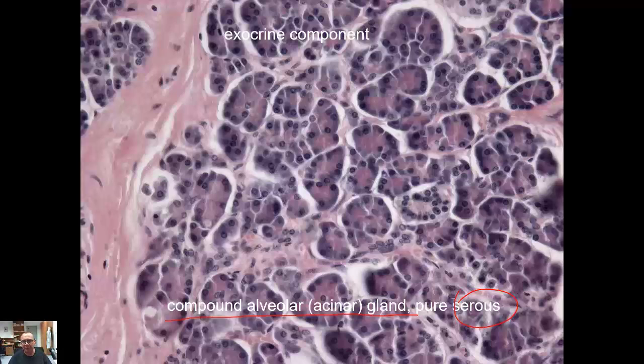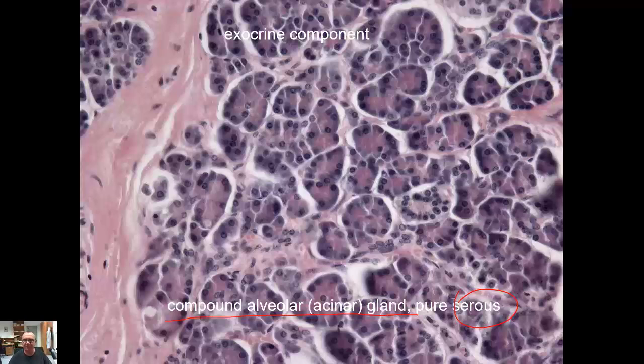You should every time know the classification of any glands which you are describing or which you are trying to recognize in the histological specimen. So in the case of the exocrine component of the pancreas, it is compound acinar gland.